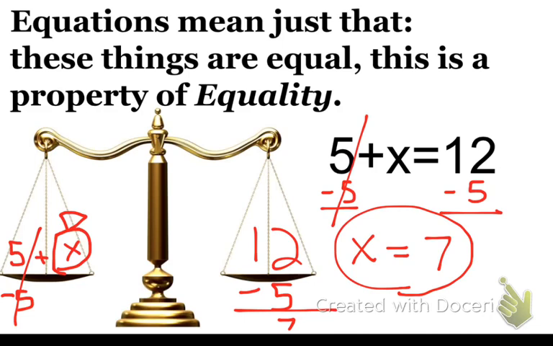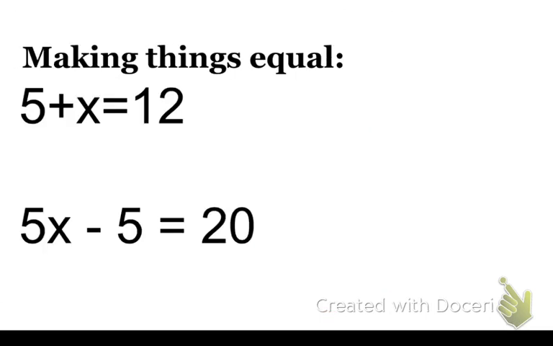In your book, they're going to explain the variables as sort of pouches, where we don't know what's in the pouch, but we do know that this pouch, or 3 of these pouches plus a couple pennies, is going to equal what's on the other side. By subtracting, dividing, and multiplying, we're going to figure out what's in that pouch. So for instance, 5 plus x equals 12, we just did this one. I subtract 5 from both sides and end up with x equals 7. Now, I've got 5x minus 5 equals 20.